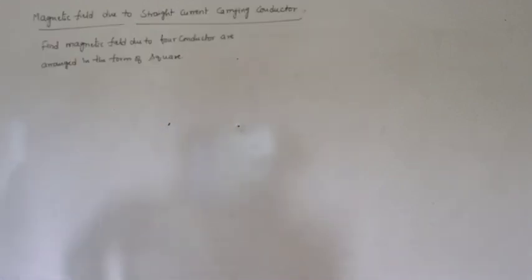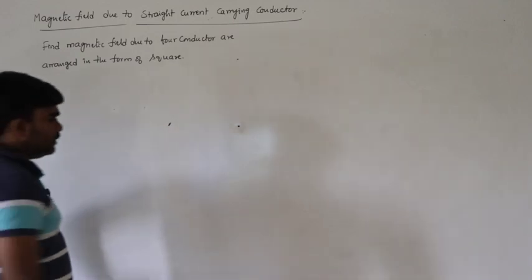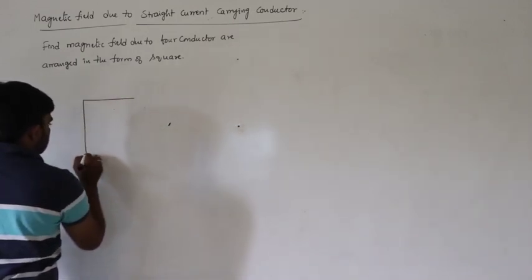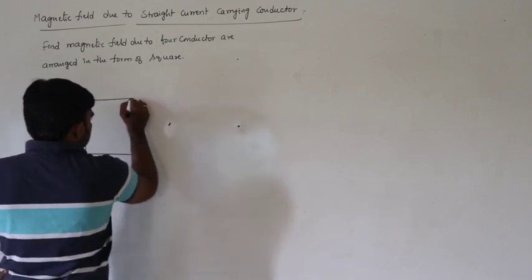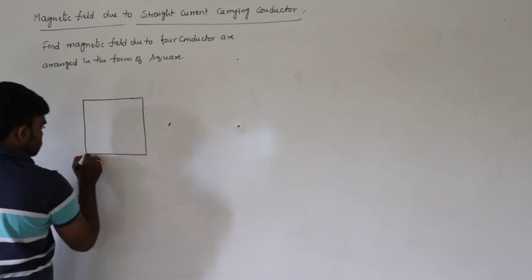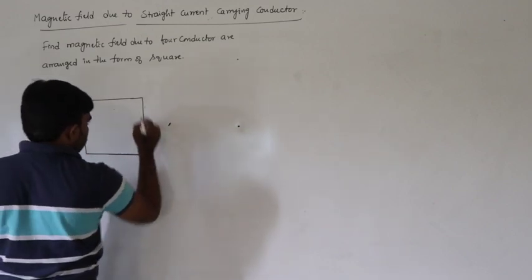Find the magnetic field due to the 4 conductors arranged in the form of a square. See here, this is the square, like this.